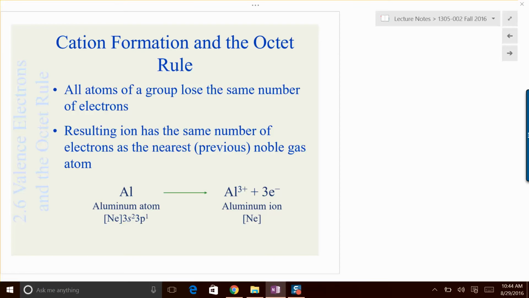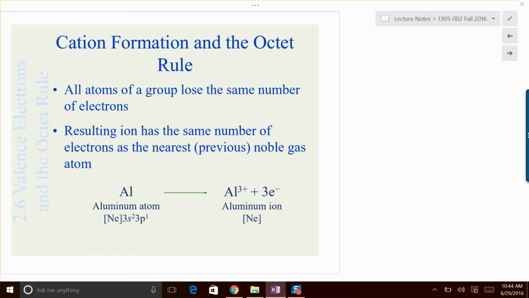I cannot predict how many electrons it's going to lose. It will lose electrons, but whether it loses 1, 2, or 3, I can't predict. D metals are unpredictable in how many electrons they're going to lose. You can have iron 2, iron 3, iron 1. Those are all real.